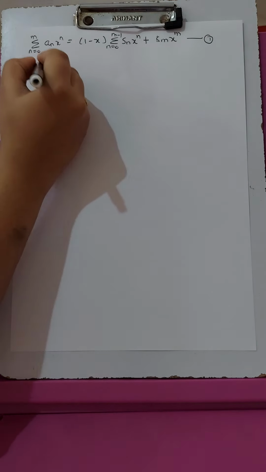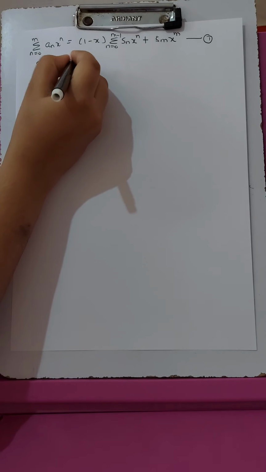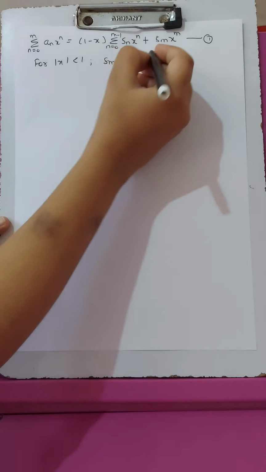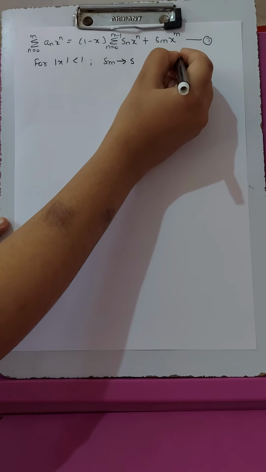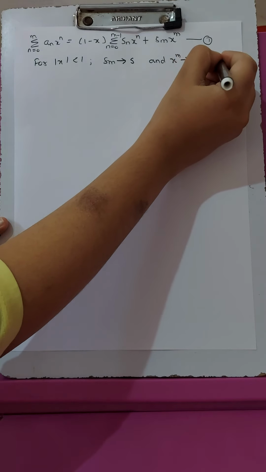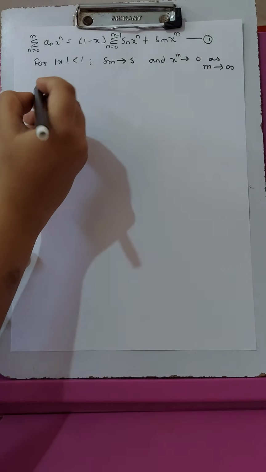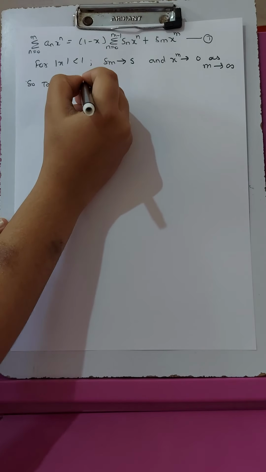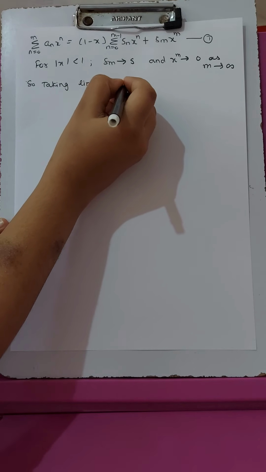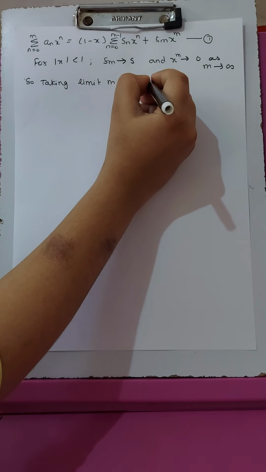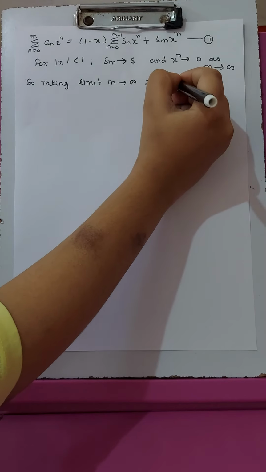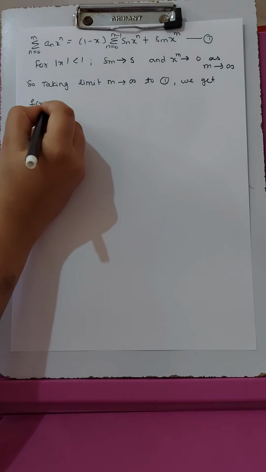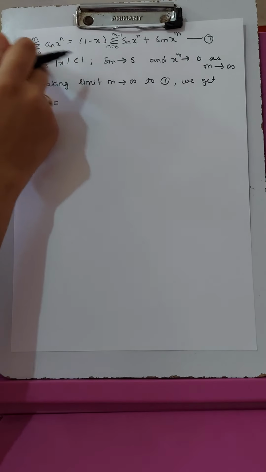Now for mod x less than 1, this Sm tends to s and x to the power m tends to 0 as m tends to infinity. So taking limit m tends to infinity, we get f of x equals to, we know this term is equal to f of x.